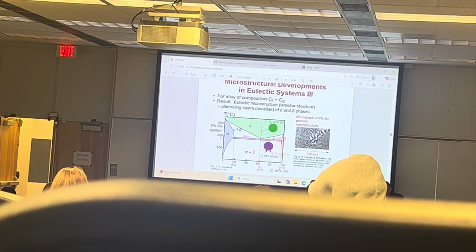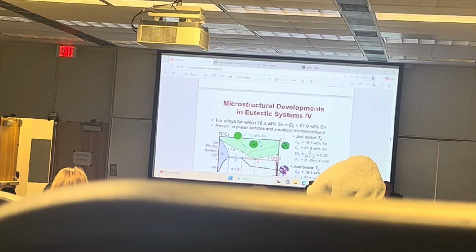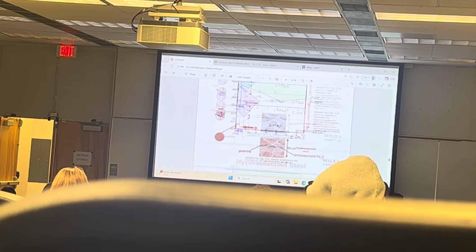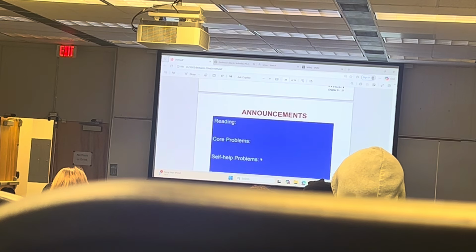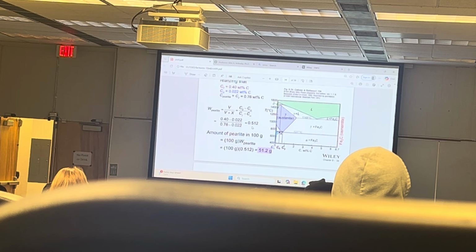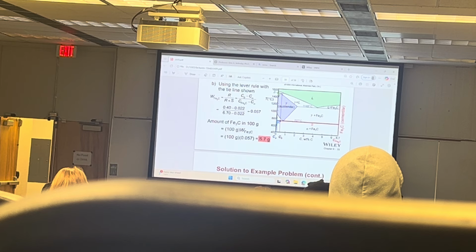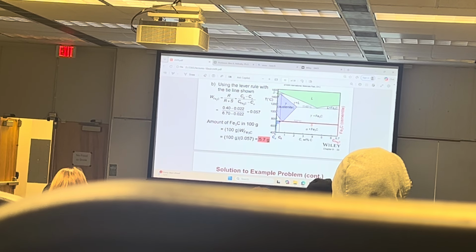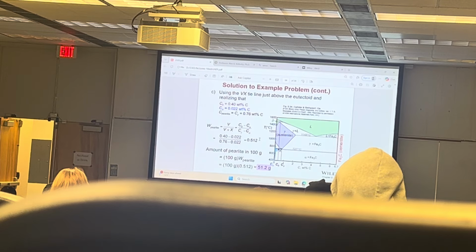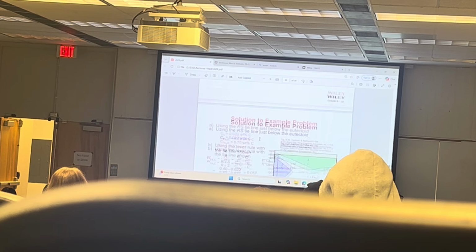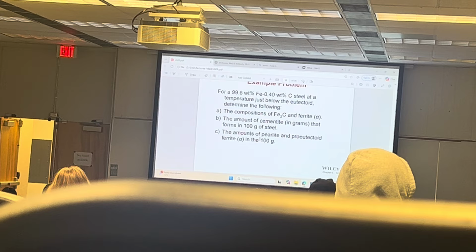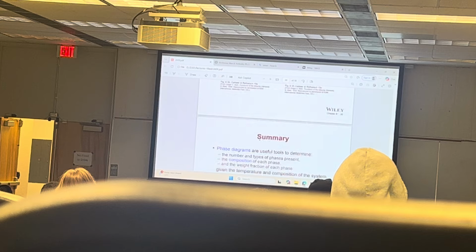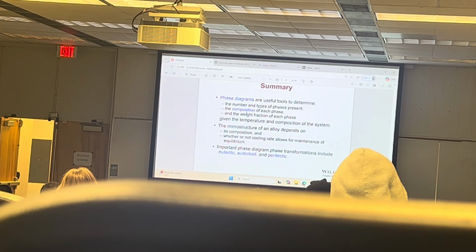The percentage of the liquid versus solid is in the actual percentages, not the weight percentage, although we did convert it to weight, which has made it even more confusing for you, but that's okay. Right here, because they asked you about 100 grams. Phase diagrams, composition, microstructure, eutectic, eutectoid, peritectic.